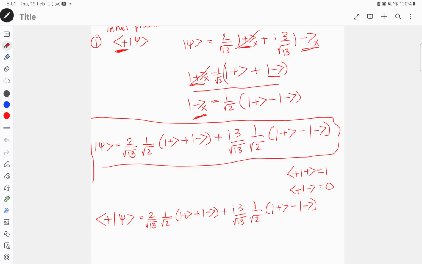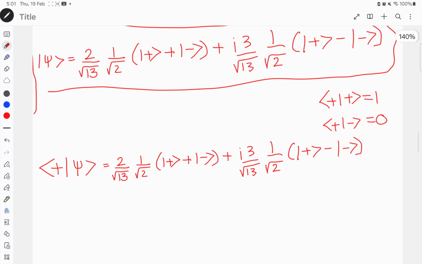Okay, so here we will multiply it. Okay, here we need more space to add the state, so we will multiply this inside.